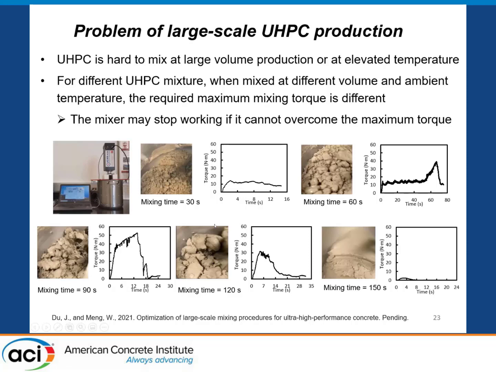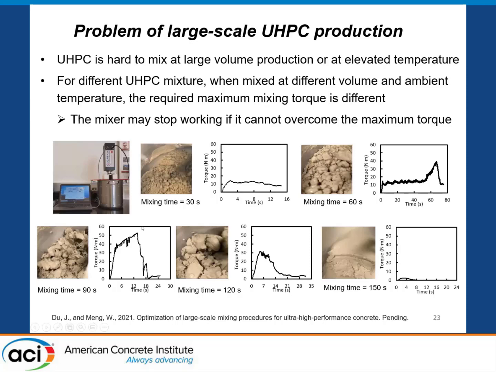So for UHPC with very large-scale mixing, very large volume mixing, or at elevated temperature, the required maximum mixing torque is too high, so the mixer may not have the mixing capacity to overcome this maximum torque.